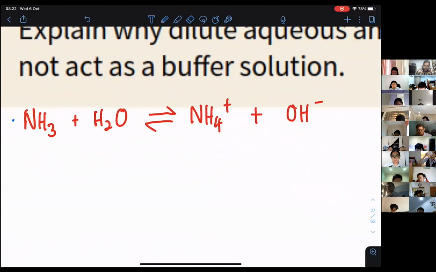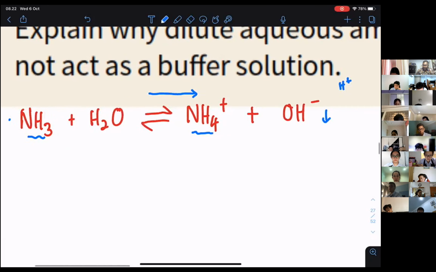Let's see. If I have H plus added, this is going to be decreased. I need to increase it back, so I move to the right. When I move to the right, no problem. Ammonia will react with water to give you ammonium, a small amount, no issue when it comes to H plus.